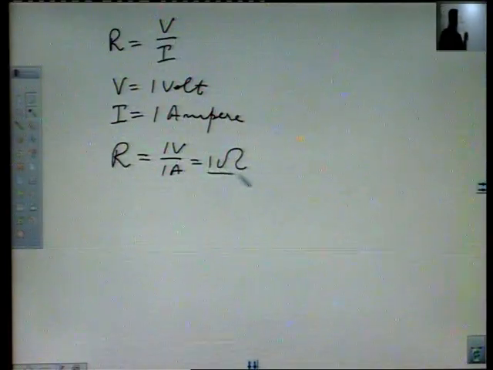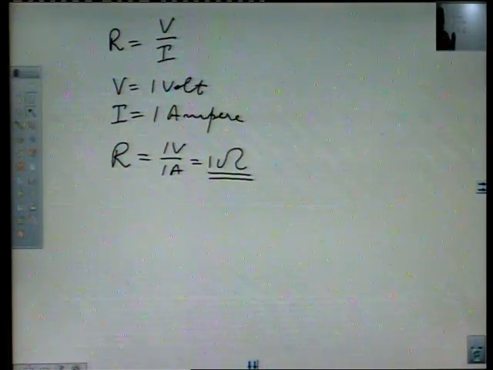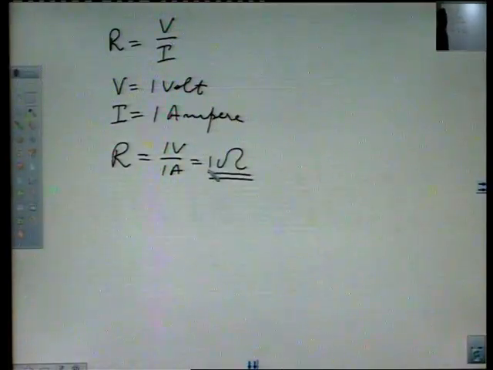So, this defines the unit ohm for resistance. Resistance of a material is said to be 1 ohm if a potential difference of 1 volt results in a current of 1 ampere in the material.